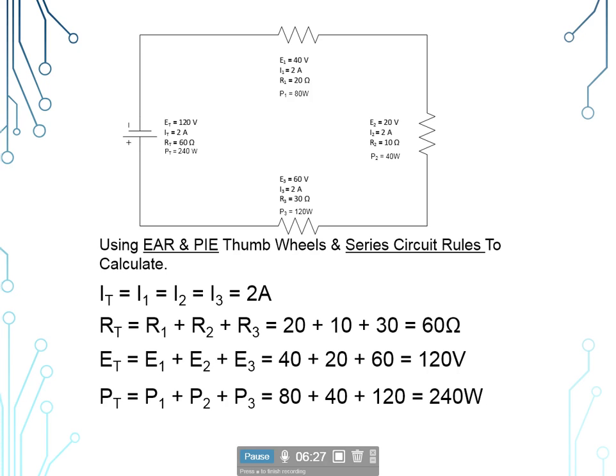So P sub t is equal to P sub 1 plus P sub 2 plus P sub 3, which would be equal to P sub 1 of 80 watts plus P sub 2 of 40 watts plus P sub 3 of 120 watts equals 240 watts. We can use the pi wheel, and our power is equal to our current times our voltage. So we take our total current of 2 amps and multiply it by our total voltage of 120 volts and get that same 240 watts.